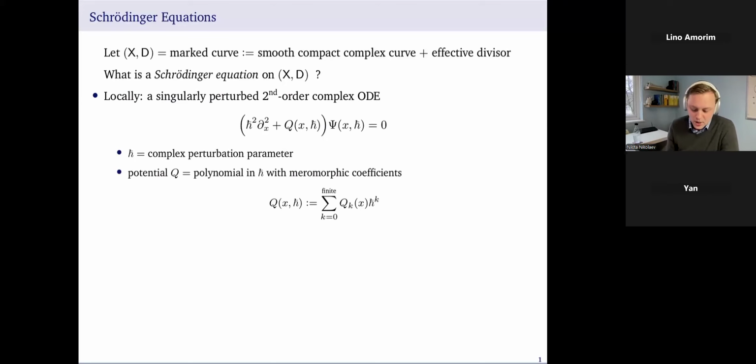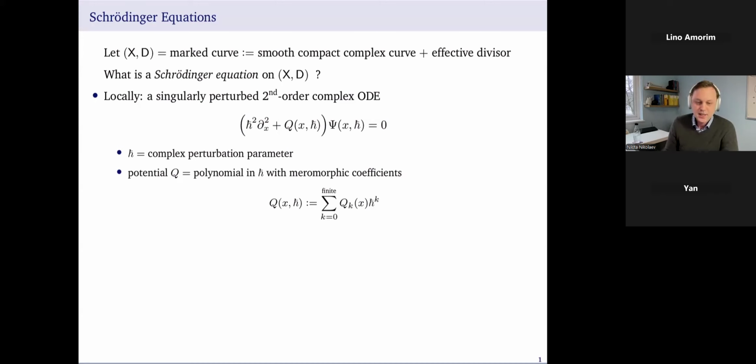Okay, so I'm looking at this second order ODE, and I'll assume that this Q, the potential, is a polynomial in h bar, and the coefficients are meromorphic functions of x, with poles somehow bounded by D. Where is D?